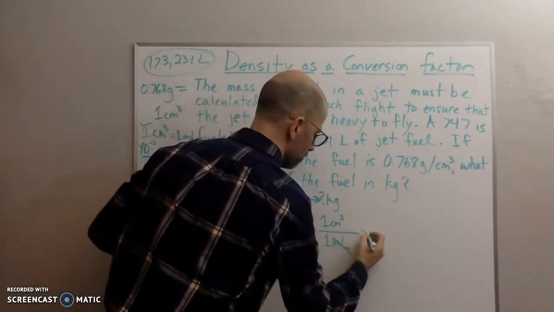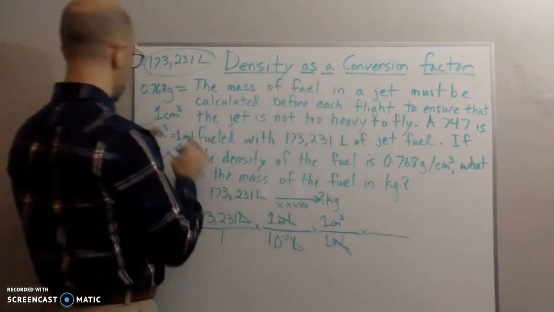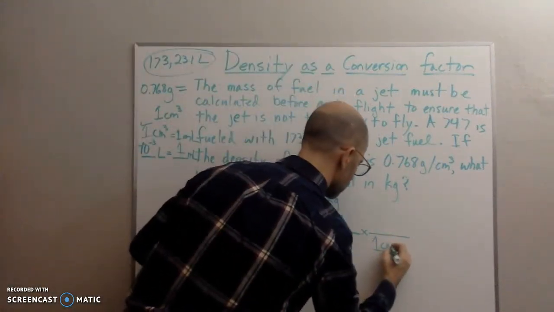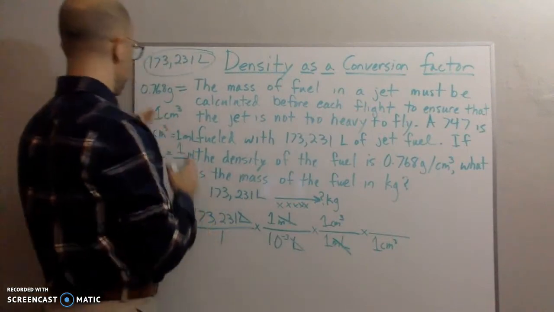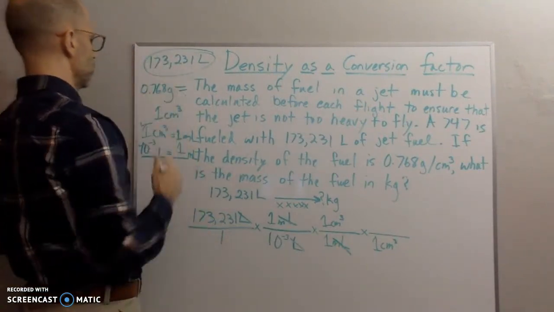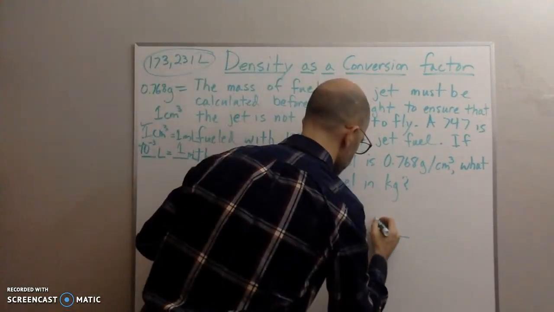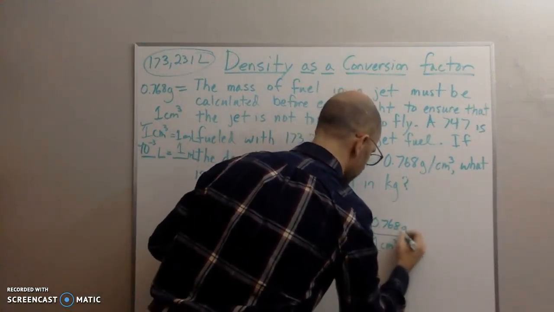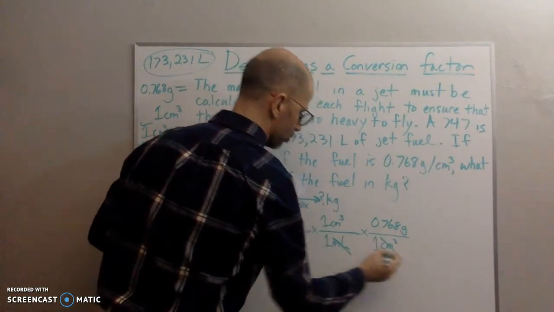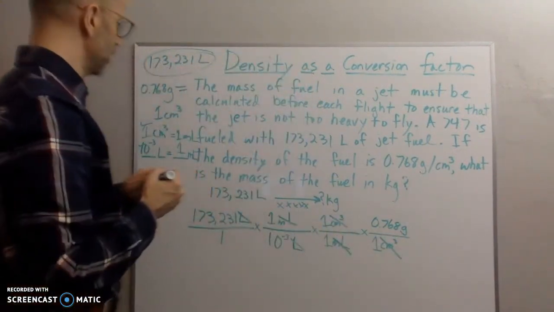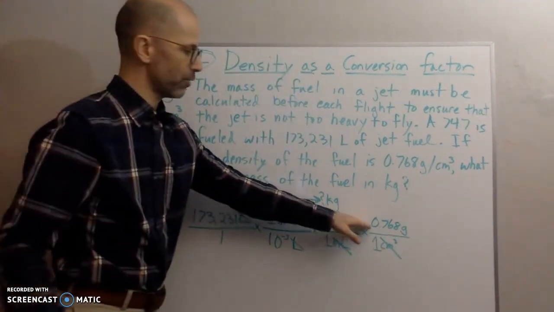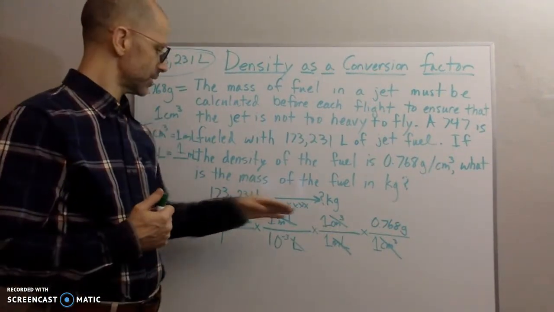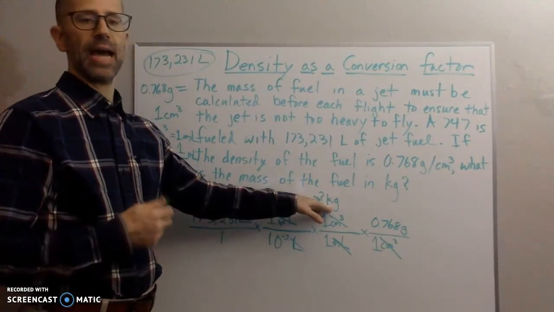So I take the 1 centimeter cubed, put it on the bottom, and now I take the 0.768 grams of the fuel. Now centimeters cubed cancels out. Now I have grams, I have mass, but I'm not done because it's asking for kilograms, not grams.